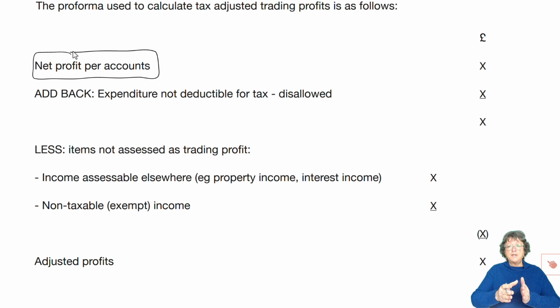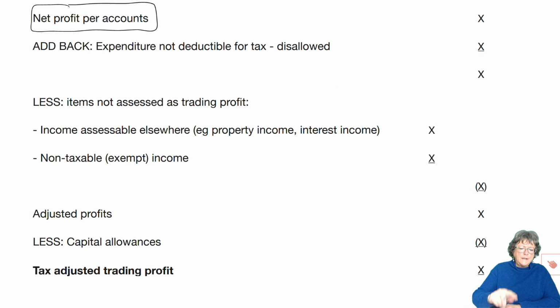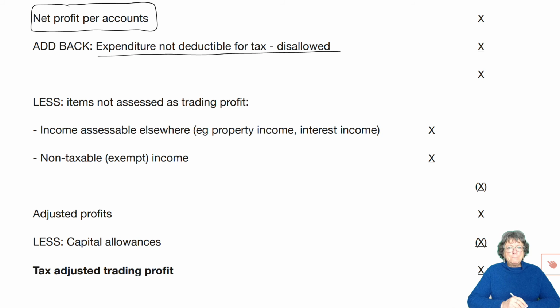Sometimes in the requirements, they actually tell you where to start and then give you some very specific instructions which you must read carefully. We're then going to add back all the expenses that are not allowed for tax purposes. Now, there is a big list of those, but there are some principles that we need to put into place so you don't have to learn the list. And as you practice the questions and we go through them, there are certain things that come up every time.